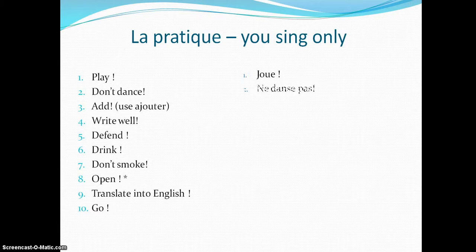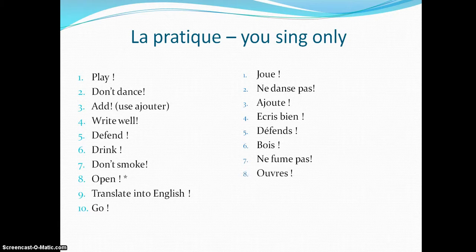Joue, ne danse pas, ajoute, écris bien, défends, bois, ne fume pas, ouvre, traduis en anglais, va. Just be careful that you know the right parts of the verb. Remember the ones that are irregular in the present tense. Okay, let's keep going then.